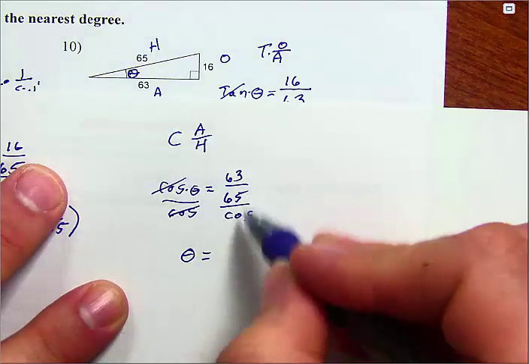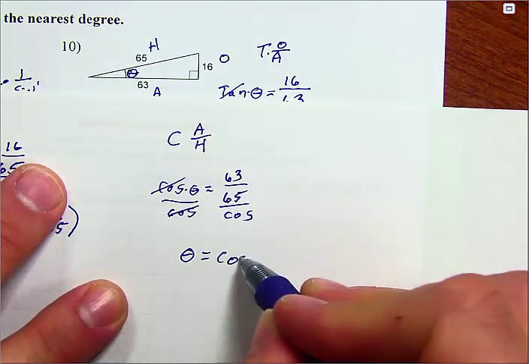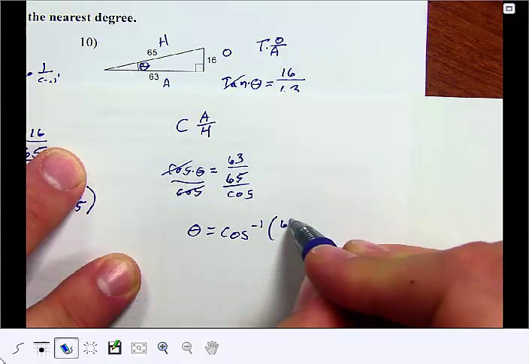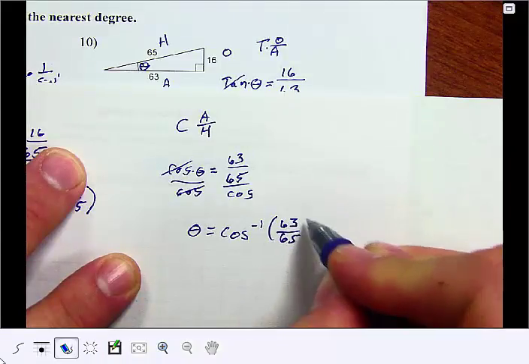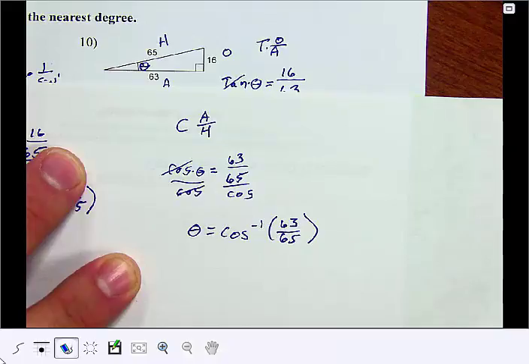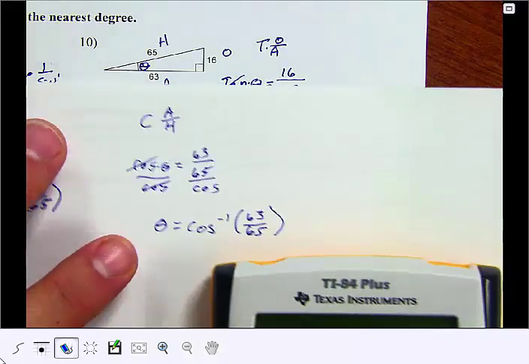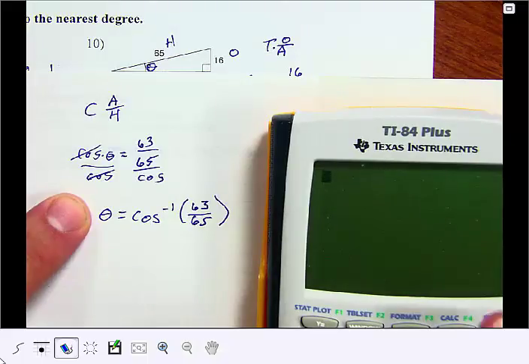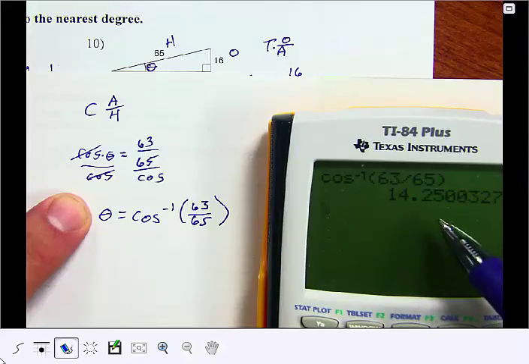Triple fraction, I'm going to use inverse cosine of 63 over 65. Here comes your handy-dandy calculator. Inverse cosine, 63 divided by 65. Sure enough, it's still the same answer, 14.3.